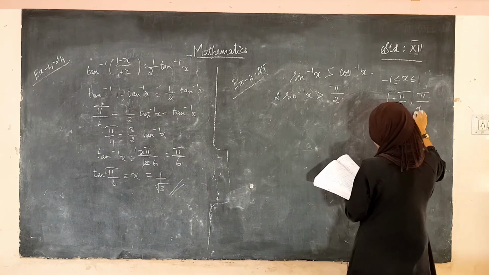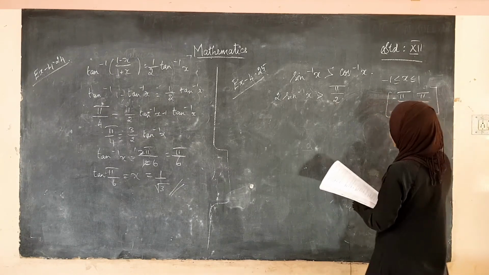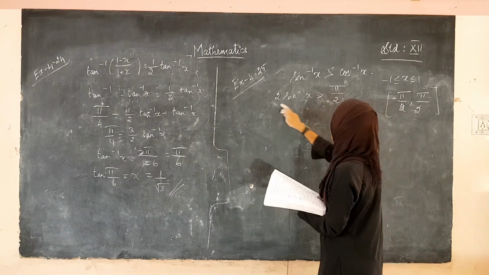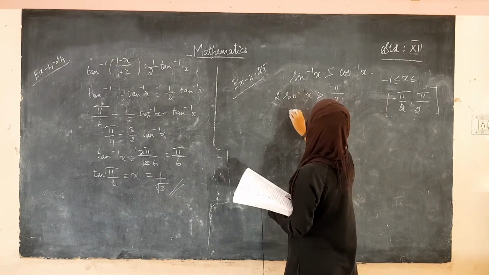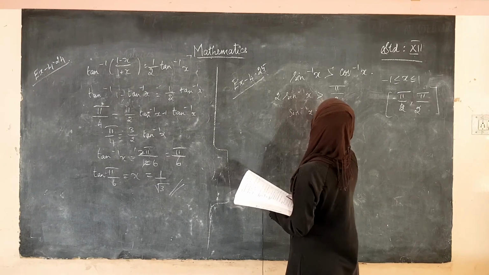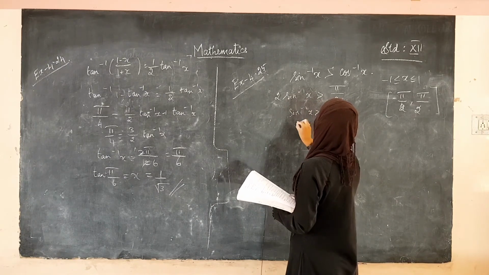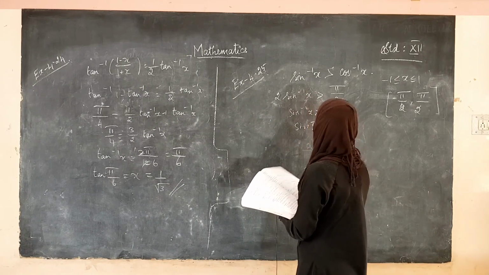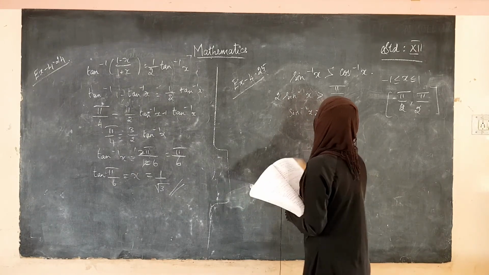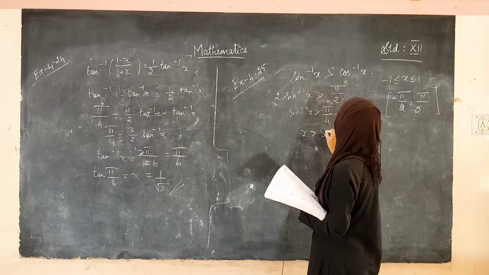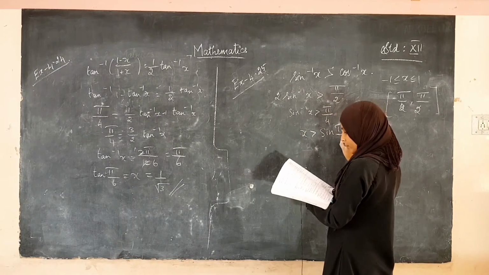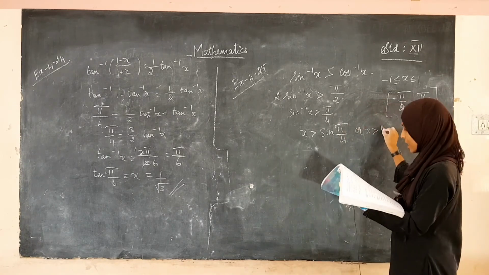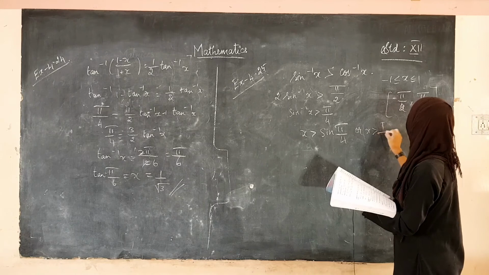So, what happens? We can take this 2 to this side, then it becomes sin inverse of x is greater than pi divided by 4. So, keeping this x on this side, x is greater than sin of pi by 4. What is sin pi by 4? x is greater than 1 divided by root 2.